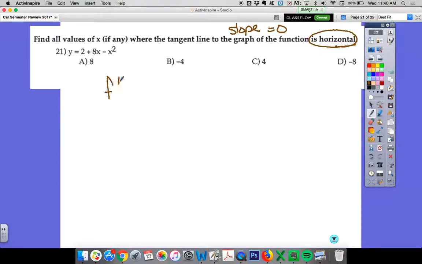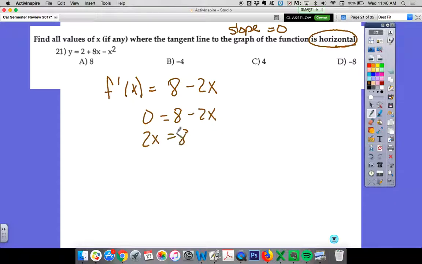And so we want to know where the first derivative is equal to 0. That's what we're after. So if we do first derivative, we got 8 minus 2x. We're going to set that thing equal to 0. So 2x equals 8. That happens when x is 4. So that's all you got to do.